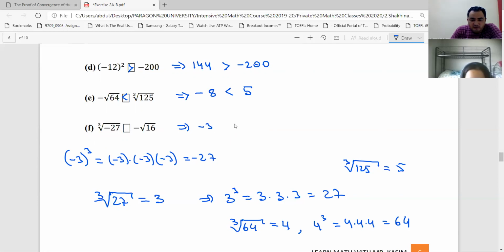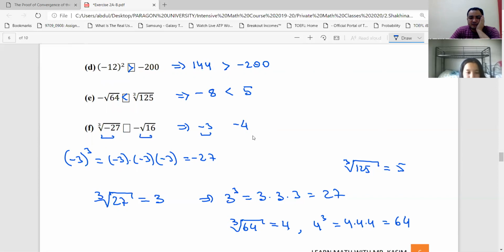And how about here we have minus the square root of 16? That is 8. Again, you make the same mistake. It's 4, because 4 squared is 16, right? Oh, I was thinking of addition. So this thing equals negative 3.